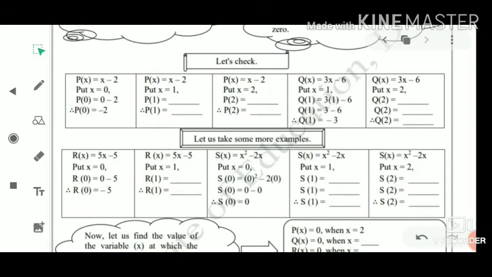We have p(x) is equal to x minus 2, and we need to put the value of x as 0. So when we put the value of x as 0, we'll have the answer minus 2. The same you need to do in our next question. So here the next example is x minus 2.